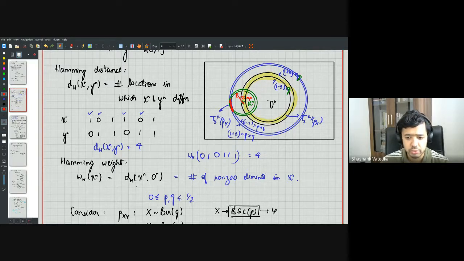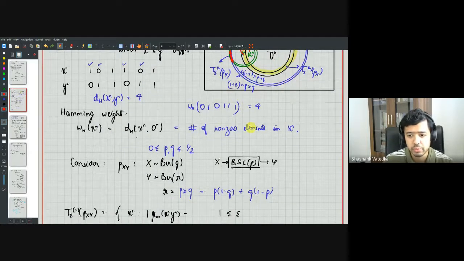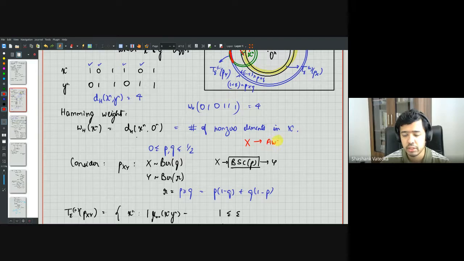So you can replace this with the following setup, where x is Gaussian with mean 0 and variance, let's say p, and you pass it through an AWGN channel with variance sigma square.